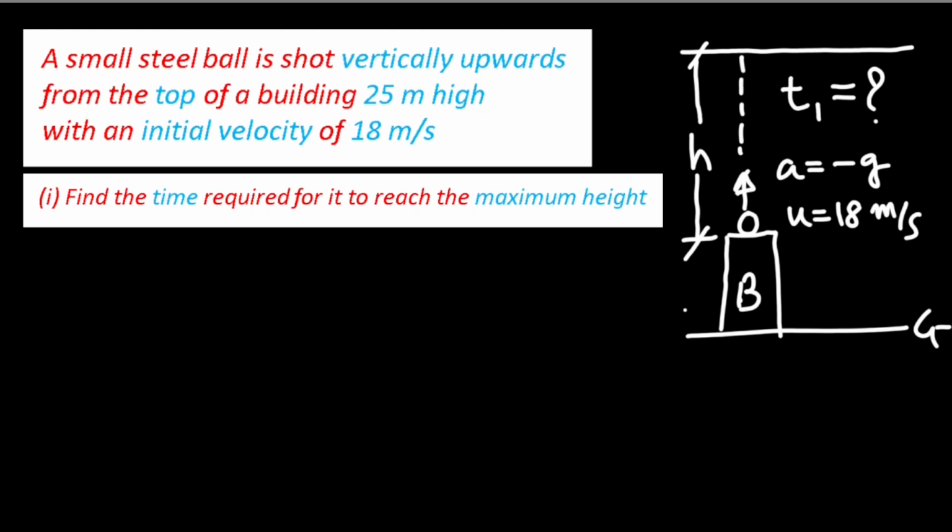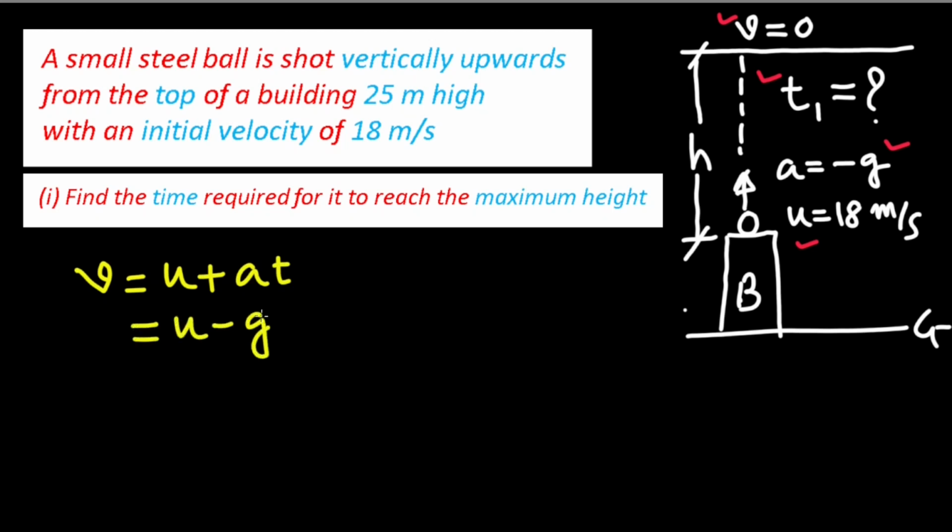When it reaches the maximum height, the velocity of the steel ball v will be 0. Now, with the help of initial velocity, final velocity, acceleration due to gravity, we will find the time period. For that, we will use the first kinematic equation, which is v equals u plus at, which will be u minus gt, replacing a by g.